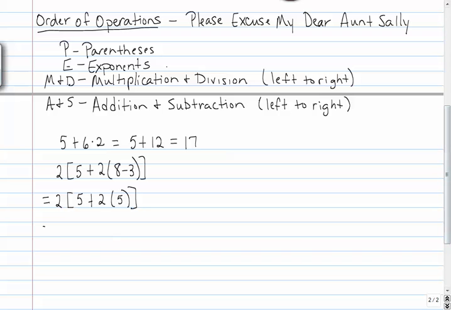Okay. Alright, now we're going to do what's in the brackets next. So you have addition and you have multiplication in the brackets, right? Remember that 2 with that 5 in parentheses next to it? That means you're multiplying 2 times 5. So you have addition, you have multiplication. You do your multiplication first. So that's 2 times 5 plus 10.